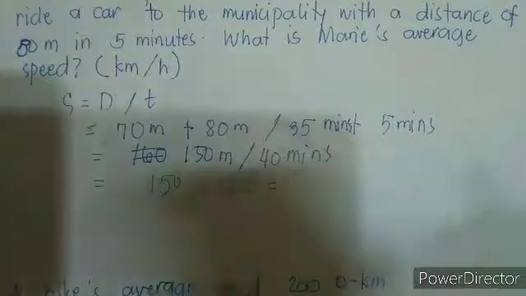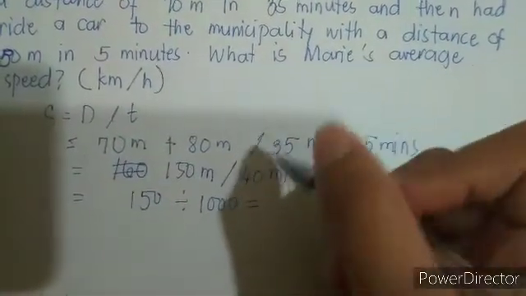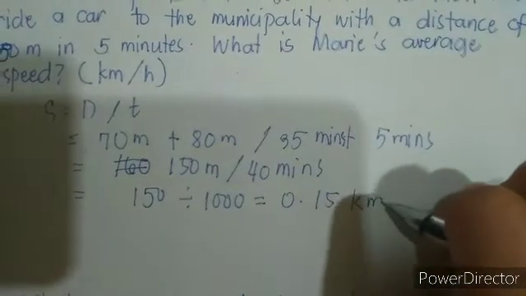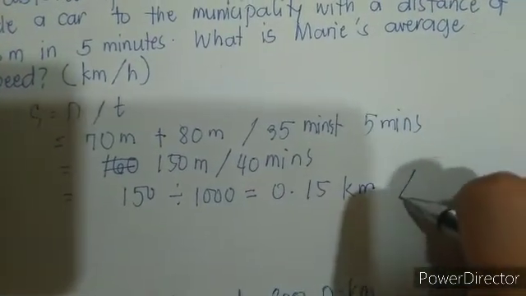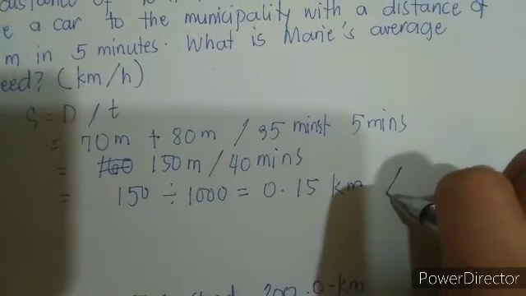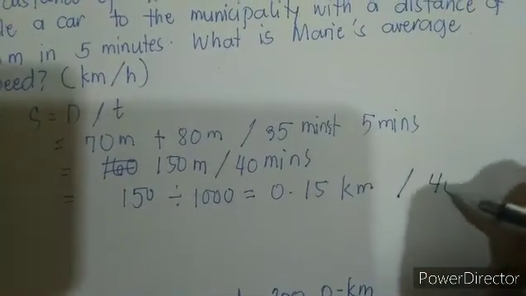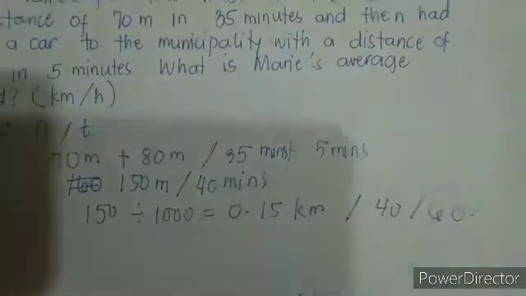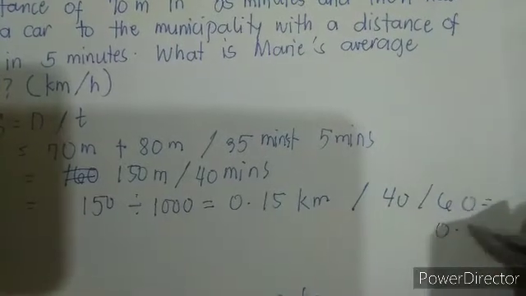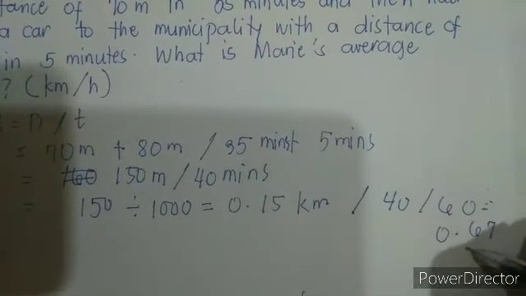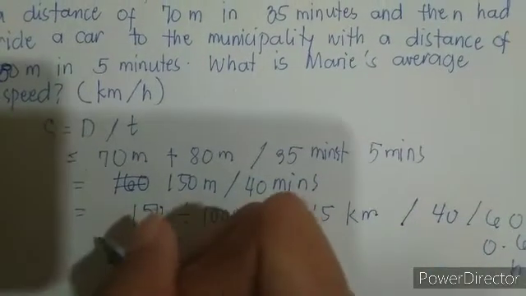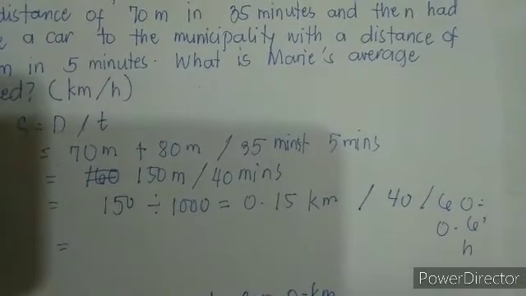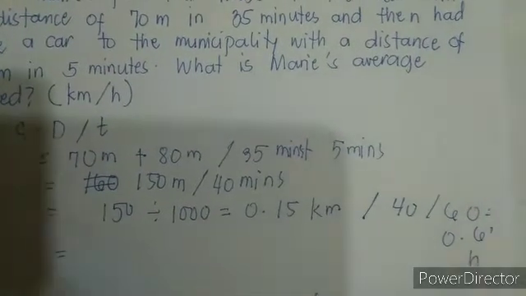That's equal to 0.15 kilometers divided by, so let's convert 40 minutes to hours. So 40 divided by 60 is equal to 0.67 hour. So let's divide 0.15 kilometers by 0.6 hour.